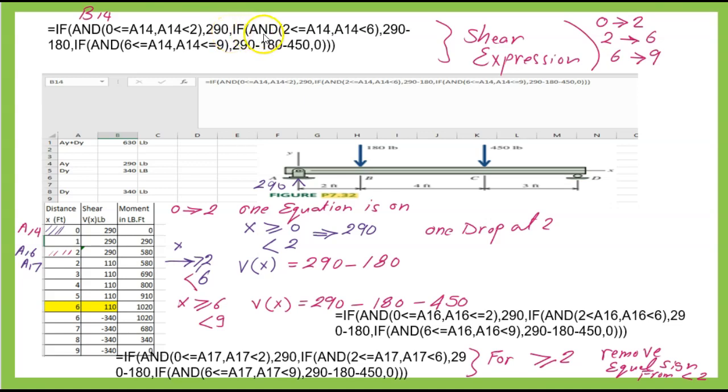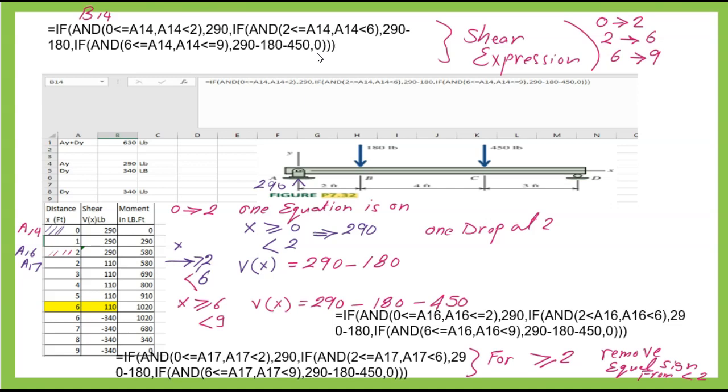The second condition, IF and open one bracket, we have A14 equal to or bigger than 2, comma, A14 less than 6, comma, we have two values, 290 minus 180. The third condition, IF and A14 equal to or bigger than 6, comma, A14 less than or equal 9. We close the parentheses, and we make comma 290 minus 180 minus 450.